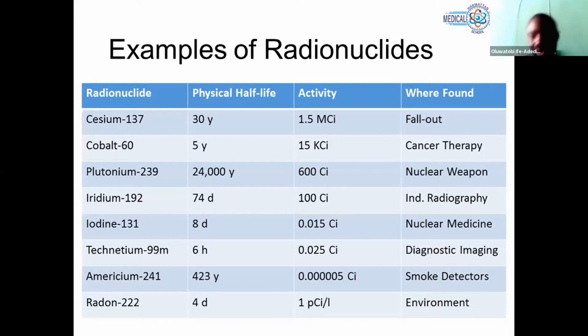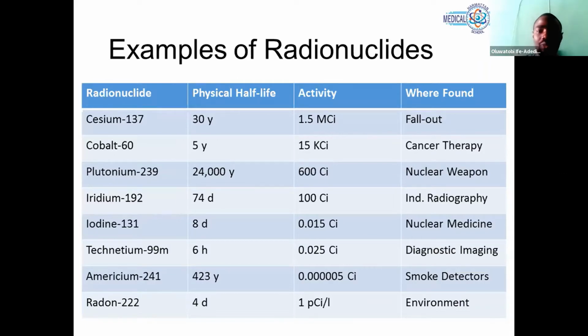Because of the gamma radiation from iridium-192, it has very strong penetrating tendencies, so it can be used to test materials with appreciable thickness. So these are some of the applications. You can see technetium used in diagnostic imaging, americium for smoke detectors, and so on and so forth.